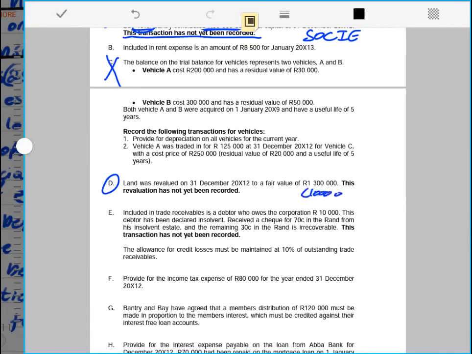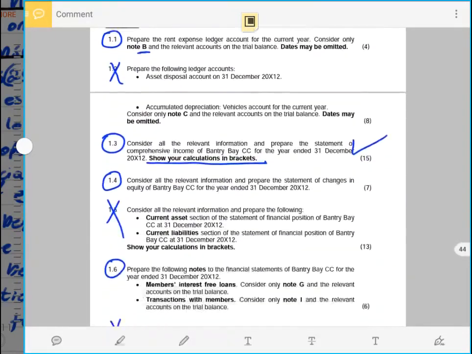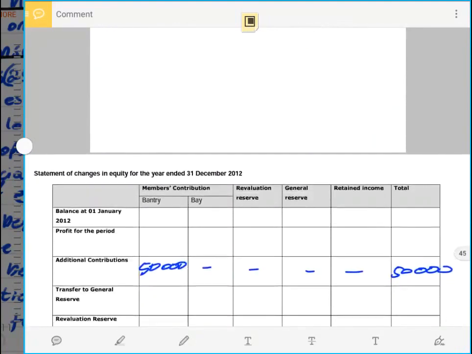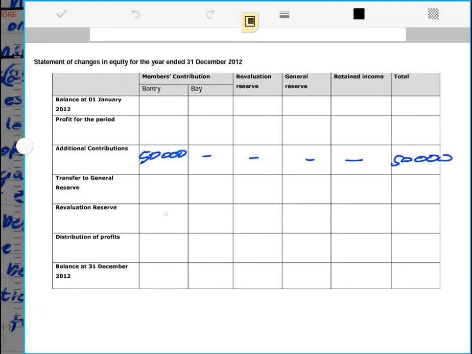So if you say 1 million minus 1,300,000 rands, that will tell us that the land value increased by 300,000 rands. So the revaluation in the current year is 300,000 rands. That means the land increased its value from 1 million by 300,000 rands to 1,300,000 rands.